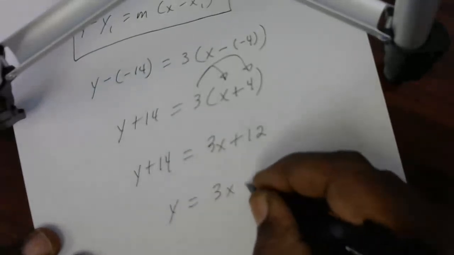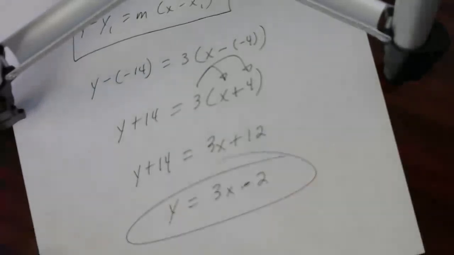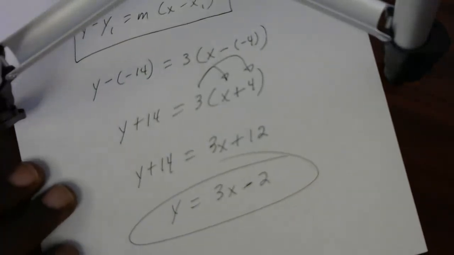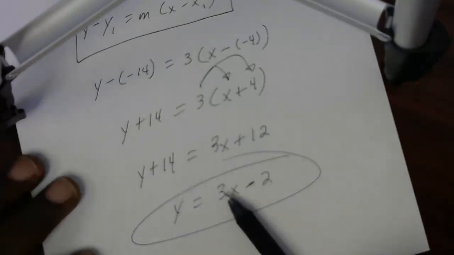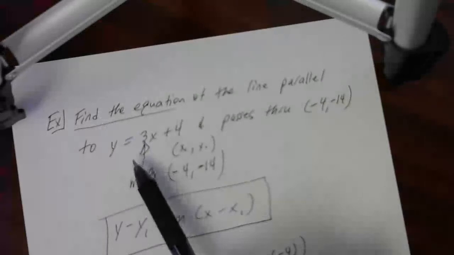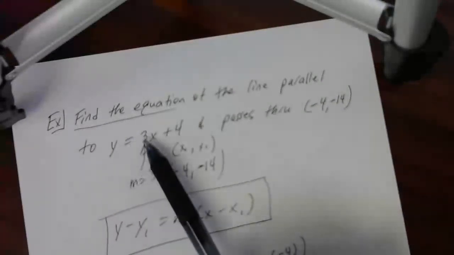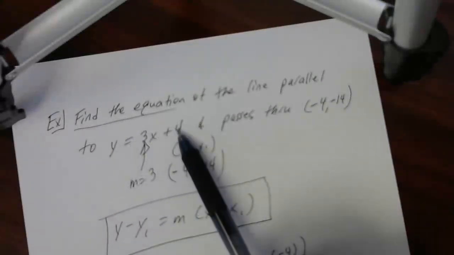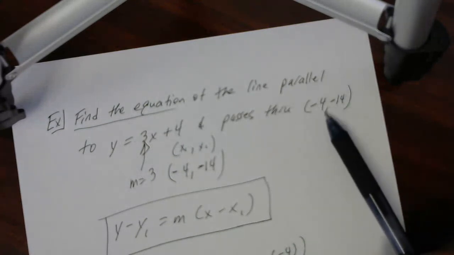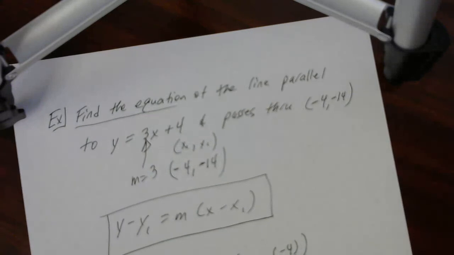So y is equal to 3x minus 2. Right, so y equal to 3x minus 2 is parallel to y is equal to 3x plus 4, and it passes through this point -4 comma -14.